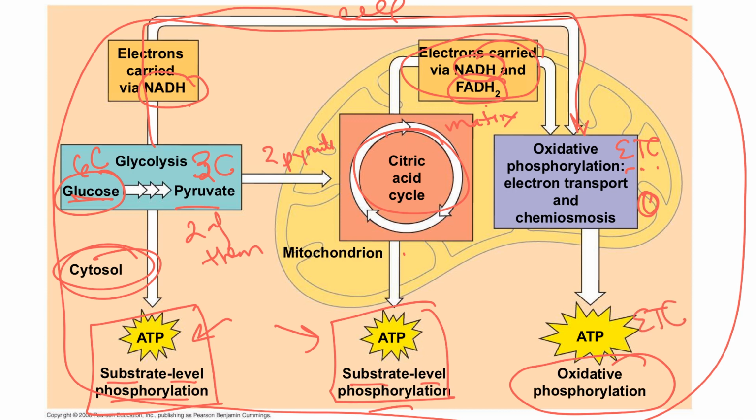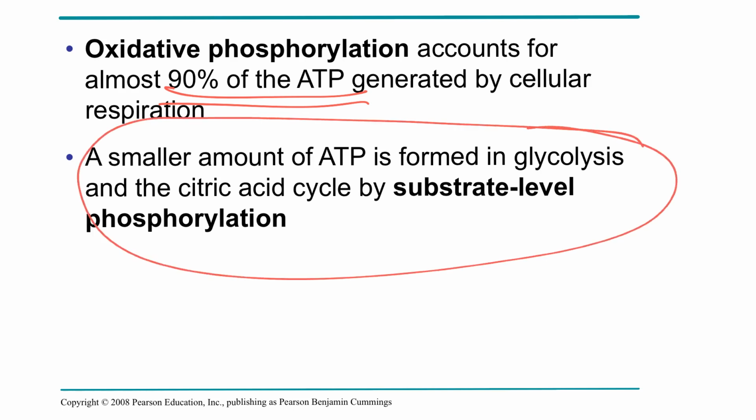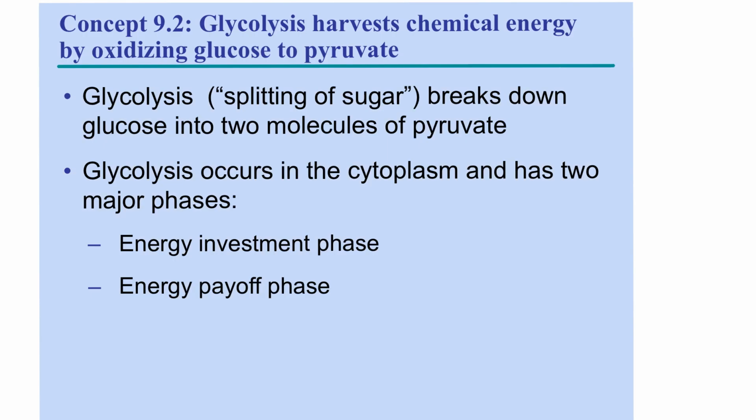So stay tuned. There are different ways to make ATP, and you need to know the difference between substrate-level phosphorylation and oxidative phosphorylation, which happens in the electron transport chain. Oxidative phosphorylation accounts for 90% of the ATPs that are generated from my fuel. I have a few little ATPs, 10% of them, that are produced by substrate-level phosphorylation.